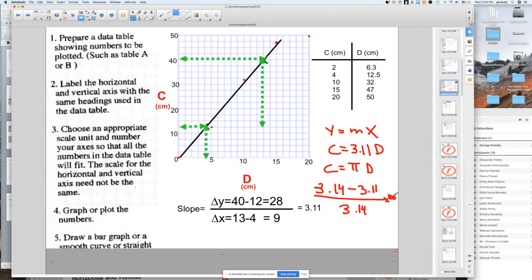That's the percent error. Now let me just do the calculation here. 0.03 divided by 3.14 is equal to, that's a very small percent. Almost less than 1% error in this case.